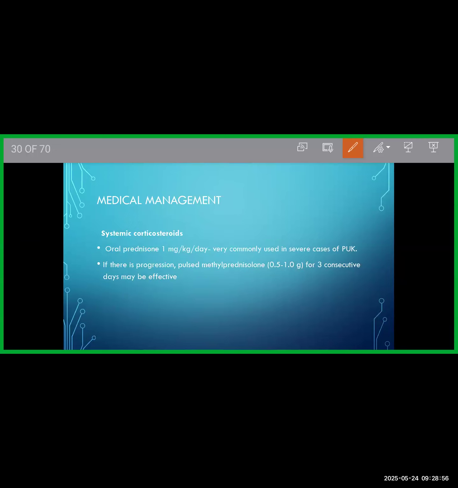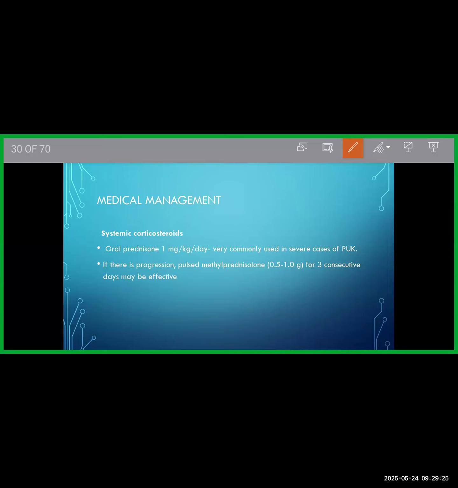Then systemic corticosteroid in the form of oral prednisolone, 1 milligram per kg per day, is used in severe cases of peripheral ulcerative keratitis. And if there is progression, then we can introduce the intravenous methylprednisolone, 0.5 to 1 gram daily for 3 days, then commence on the oral steroid.